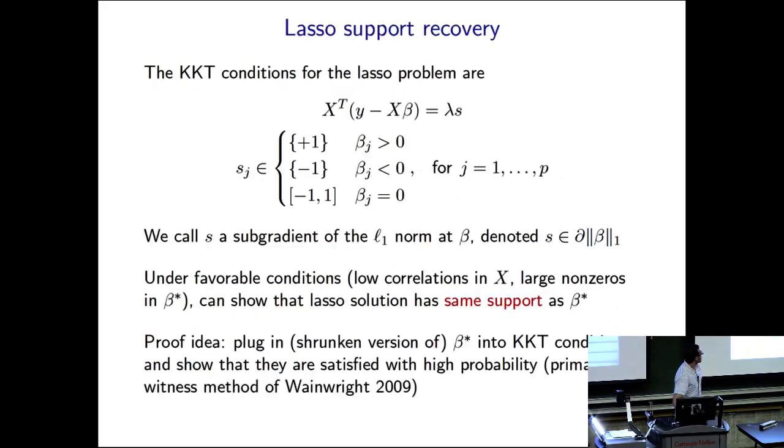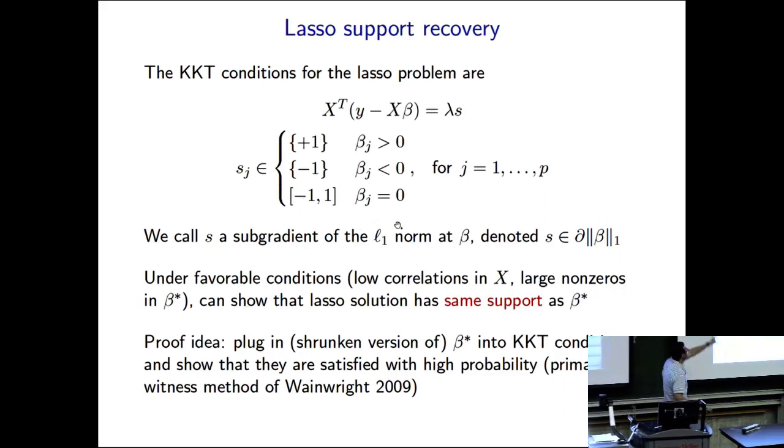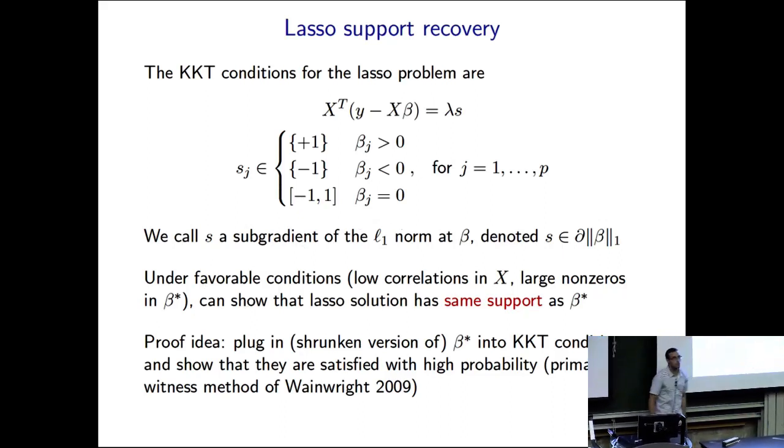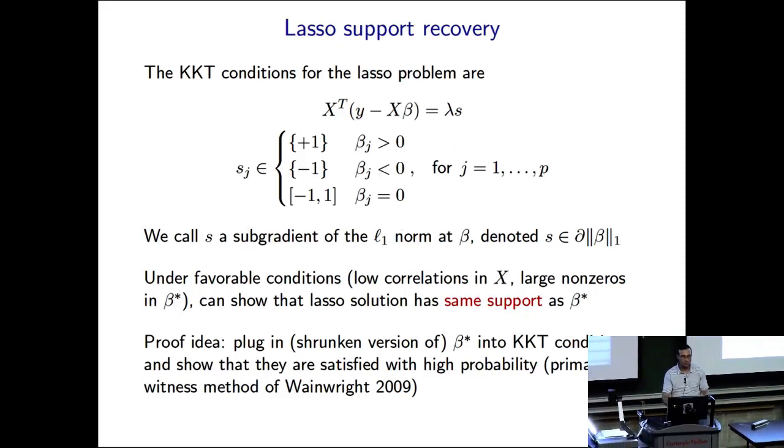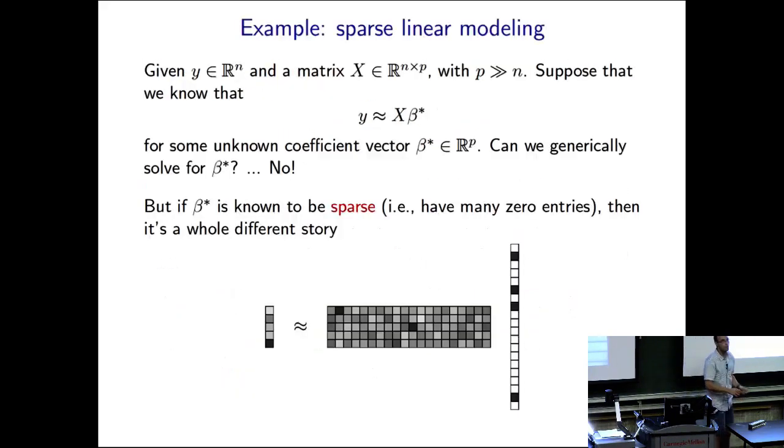So it turns out that there was a body of work that all started around the same time that really used these KKT conditions as a jumping point for proving the following fact, which led to a lot of really interesting and important results in high-dimensional statistics. If you have favorable conditions, like for example, the columns of x don't have a lot of correlation between them, so your features are not super correlated, and beta star has a small number of non-zeros, and each one of those non-zeros is kind of large in absolute value.